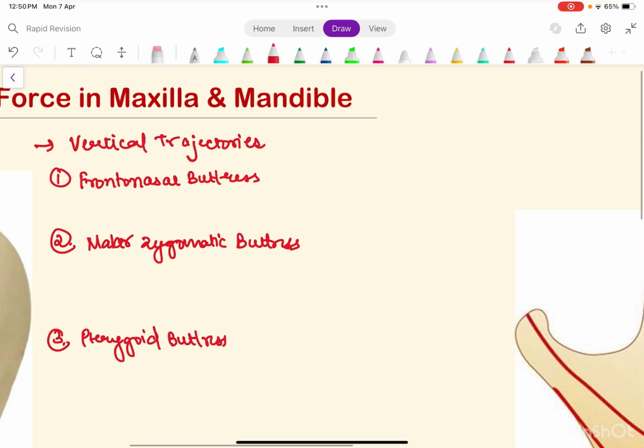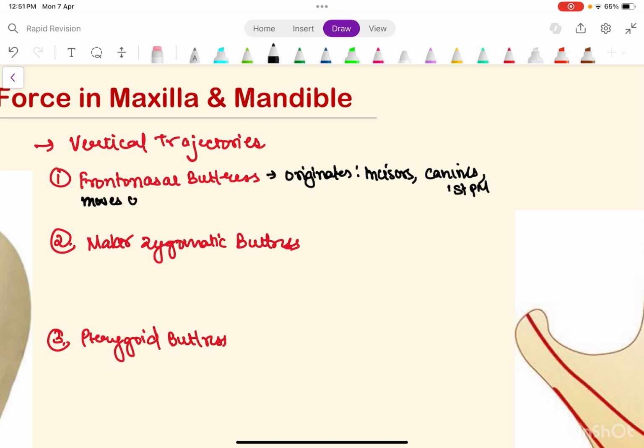Now what do I mean by all of this? So the frontonasal buttress basically originates from incisors, canines and first premolar, then moves cranially alongside the piriform aperture, the crest of the nasal bone, and terminates in the frontal bone.